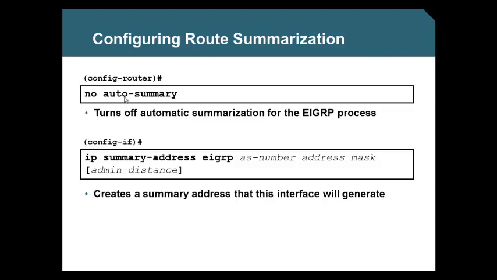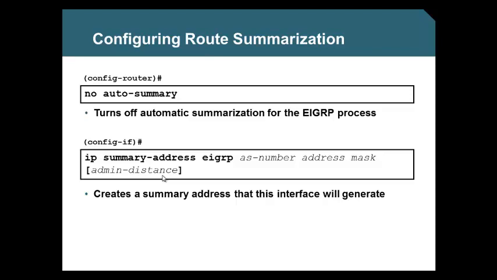The first command on the top is for the global EIGRP summarization. The one below is the syntax for interface level summarization or manual summarization. Whenever you do summarization, you have an option to set the administrative distance, but if you don't set it, the default is going to be 5.